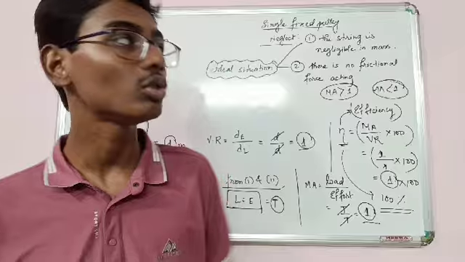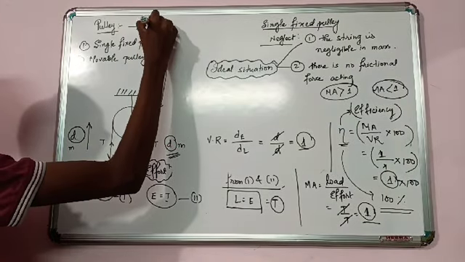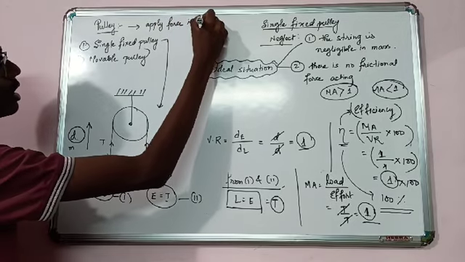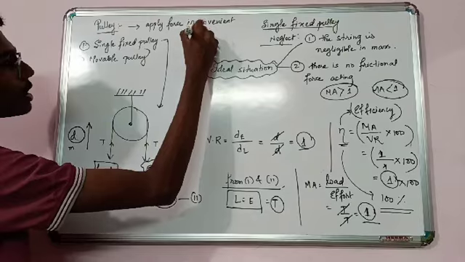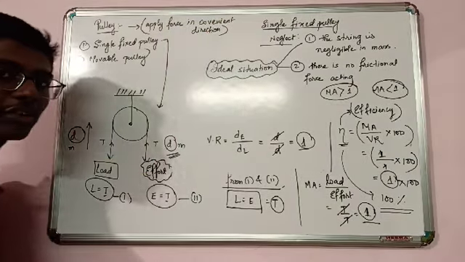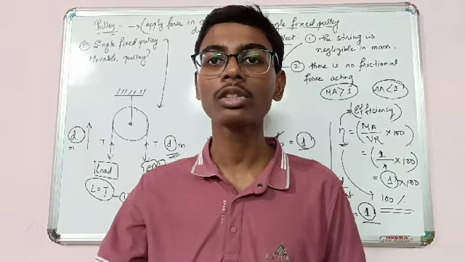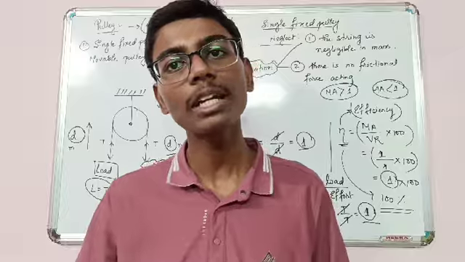Basically, a pulley is used to apply force in a convenient direction. Like for example, scissors. You are using scissors to cut a page or any piece of cloth with speed. That's why it's a speed multiplier.